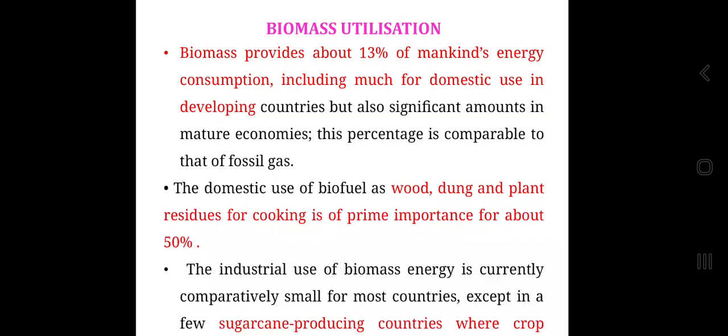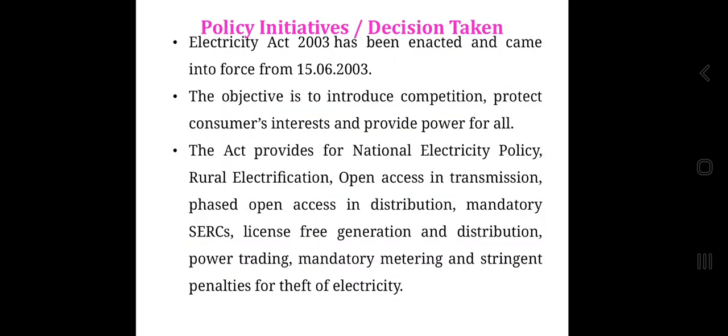The industrial use of bioenergy is currently very small in most countries, except in a few agro-based industries such as sugarcane producing countries, where the crop residue after the extraction of juice is utilized as the main biomass fuel for producing electricity to meet its own need, and the excess power generated is sent to the grid.